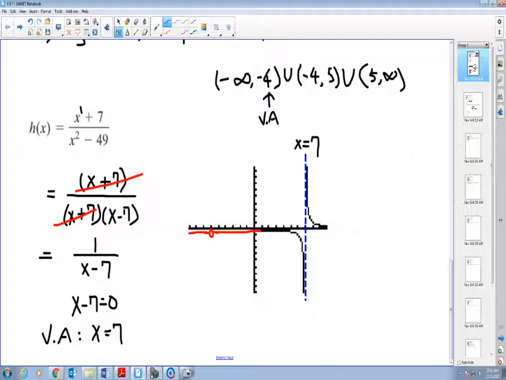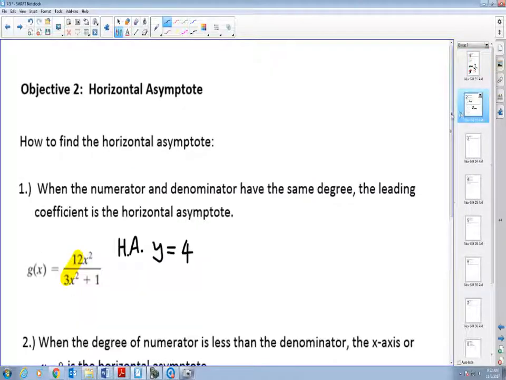Now the function can never cross over the vertical asymptote, but sometimes the graph can cross over the horizontal asymptote. Sometimes it can, sometimes it will not. I will explain a little more when we talk about graphing these rational functions in a different objective.